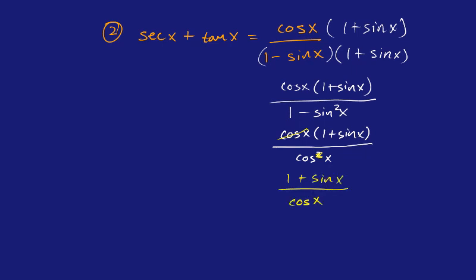Now it doesn't look like the left side yet, but we do know that division is allowed. You can divide, so I'm going to divide this cosine into both terms on the numerator. And so 1 over cosine of x plus sine of x over cosine of x is the same as secant of x plus tangent of x.